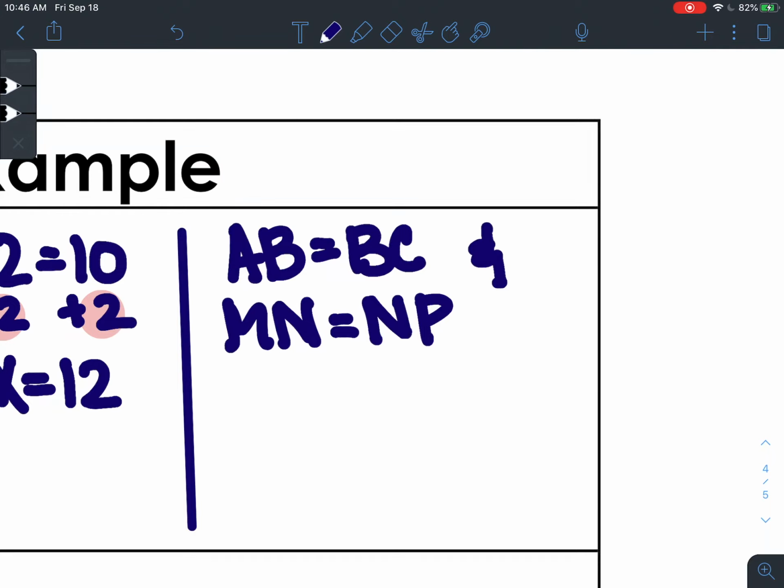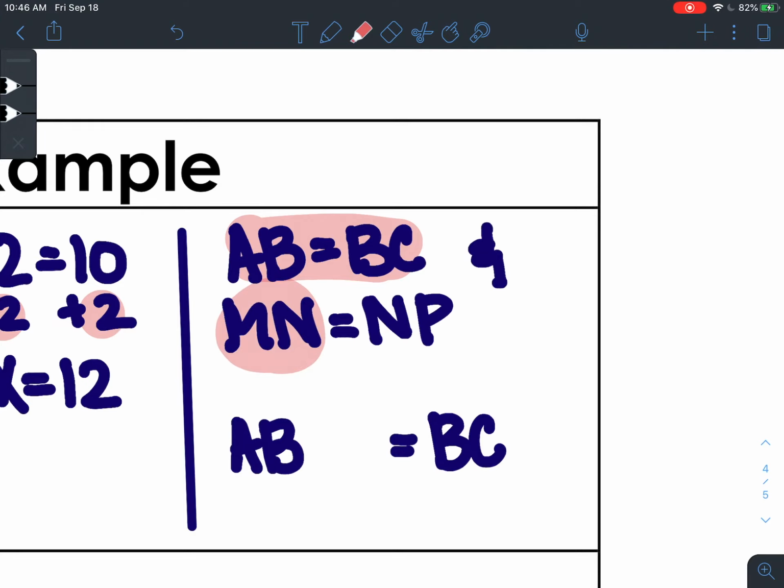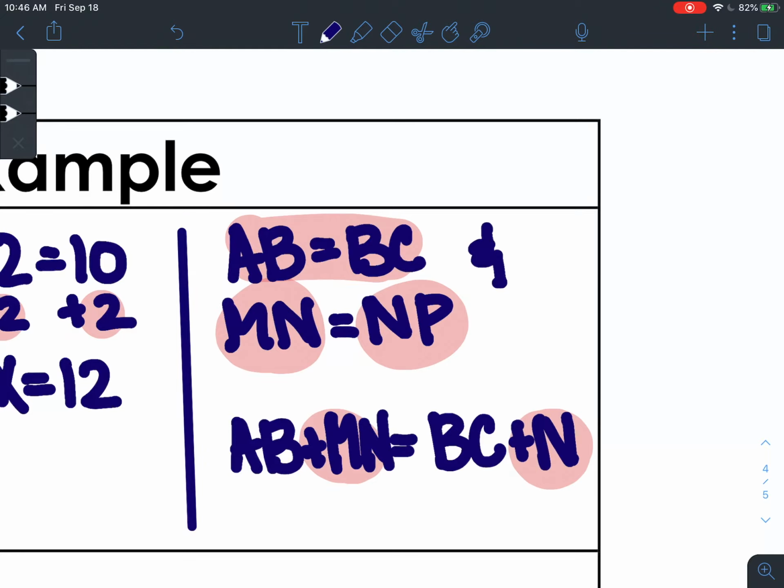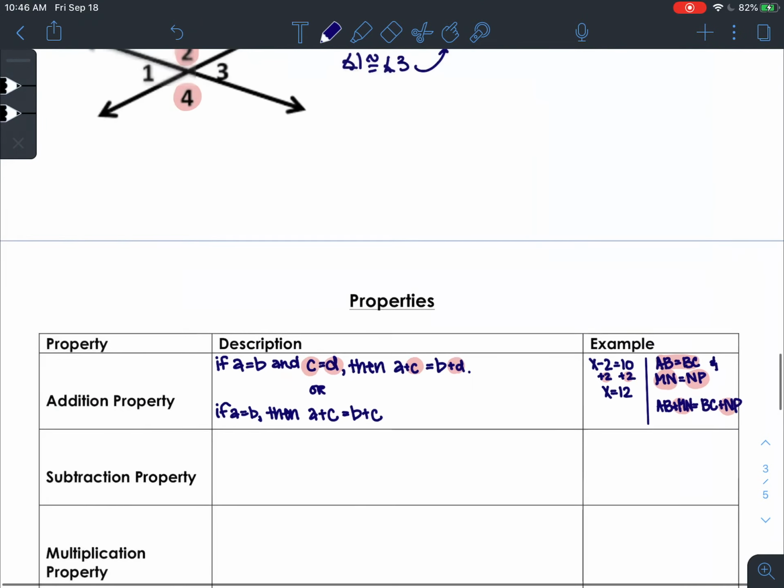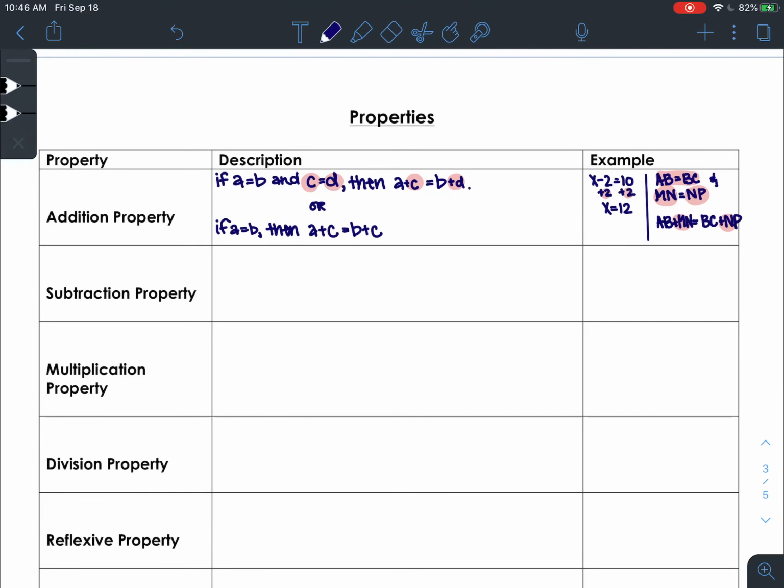What the addition property says is, once again, I can keep this equality between AB and BC. So I'm going to do AB equals BC, but I'm going to add the MN to the AB, and then I'm going to add the NP to the BC. So it's going to be AB plus MN equals BC plus NP. So that's like a geometry version of it, okay? Now, it's going to be very similar for all of these, okay?